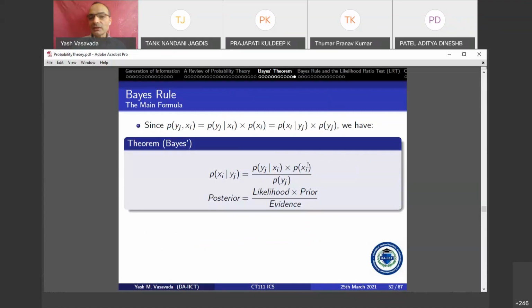And so if I multiply the two, in the numerator what I get is just the joint probability of y and x, the intersection of y and x. Because this is how we have defined the joint probability: it is the product of the conditional times the marginal. And so now if the numerator is p of y_j given x_i times p of x_i, and if I divide it by p of y_j, then again by the definition of conditional probability, I get the posterior probability of x given y.